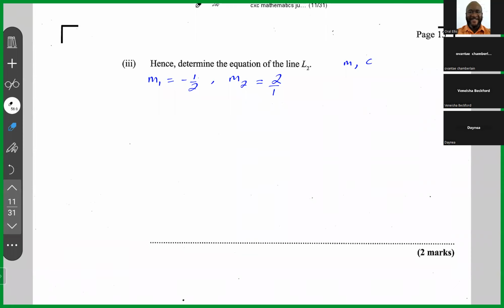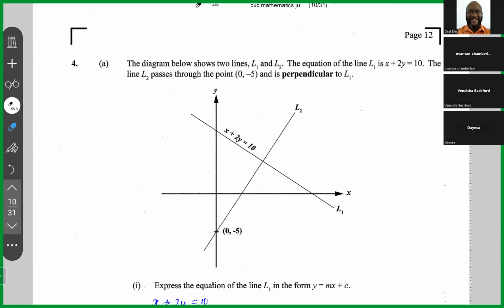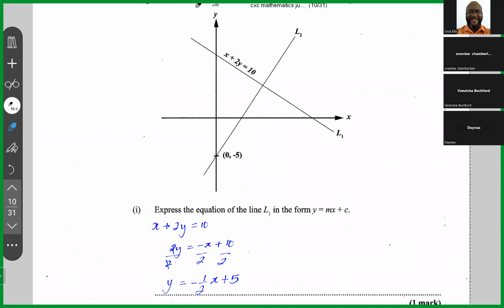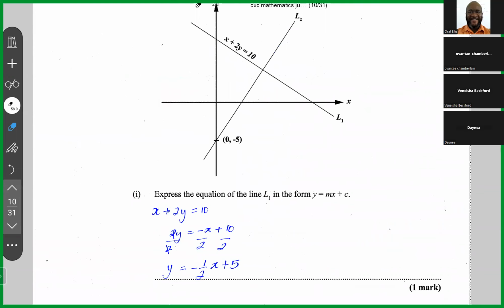In some cases, you can determine C by inspection. C is where the graph cuts the y-axis.